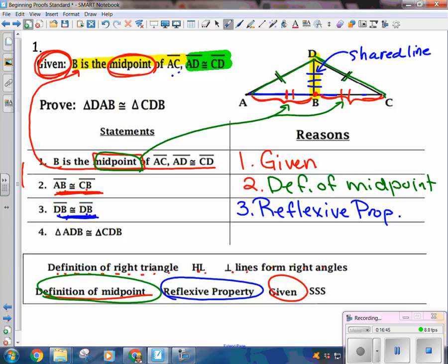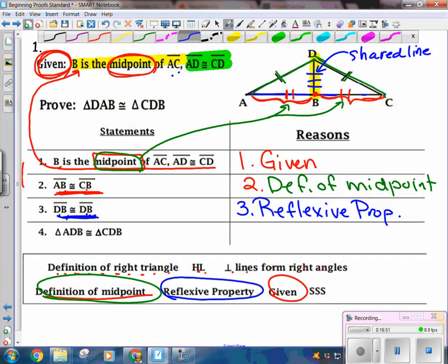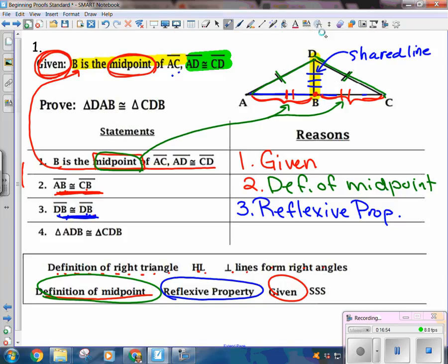Now when I get to statement 4, I'm at the very last part of my proof. And notice what am I trying to do? The key thing that I'm trying to do in number 4 is I see it says triangle, and I see congruent. So apparently I'm trying to prove that one triangle is congruent to another triangle.